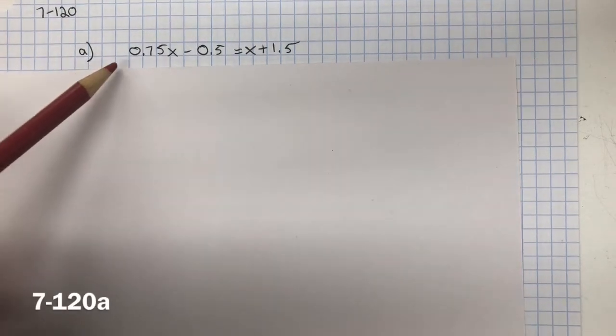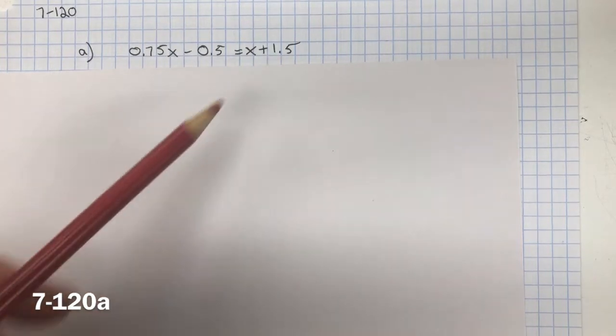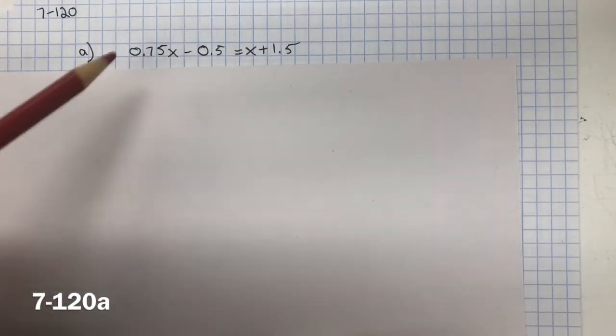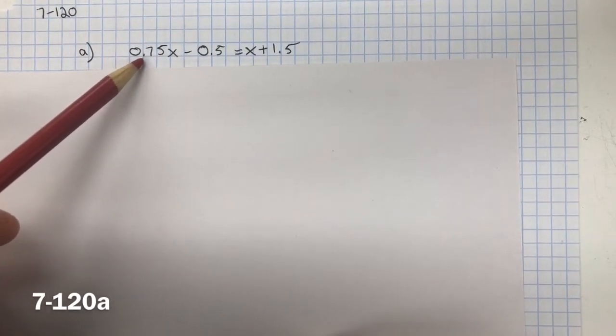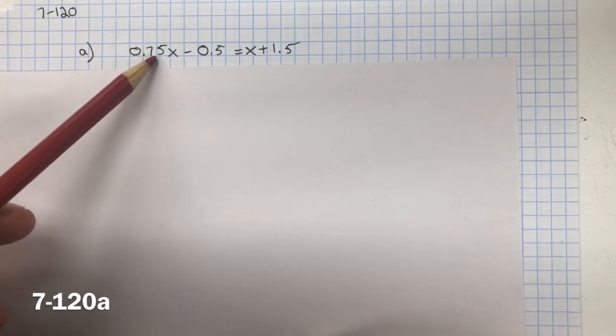To solve equation A, you can see that we have decimals, and I would like to use the fraction buster method to eliminate these decimals. Remember, when you multiply by base 10, it will increase the value of the number, and it'll move the decimal 1 place value.